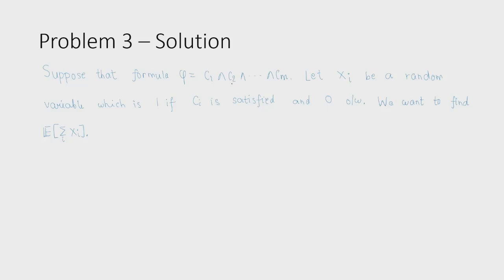What is the question asking? It is asking what is the expected number of clauses that would be satisfied. The number of clauses satisfied is the sum over i of xi, so the expected value is just the expectation of that.